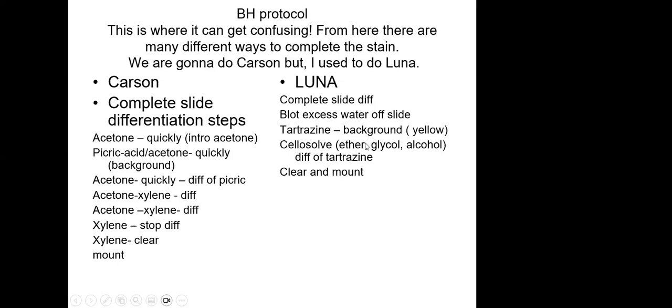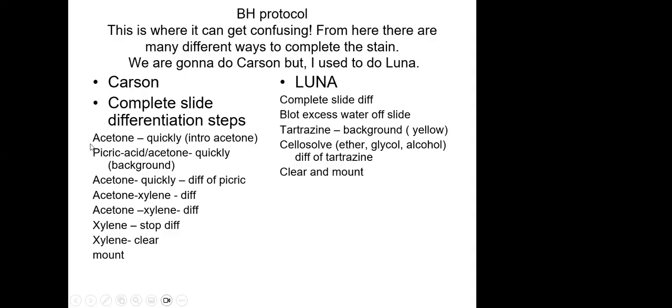It could be either ether, glycol, or an alcohol that would differentiate that tartrazine. But we used this tartrazine for a very, very long time until all of a sudden they decided that tartrazine was a carcinogen. And so we switched over to the brown and Hopps.